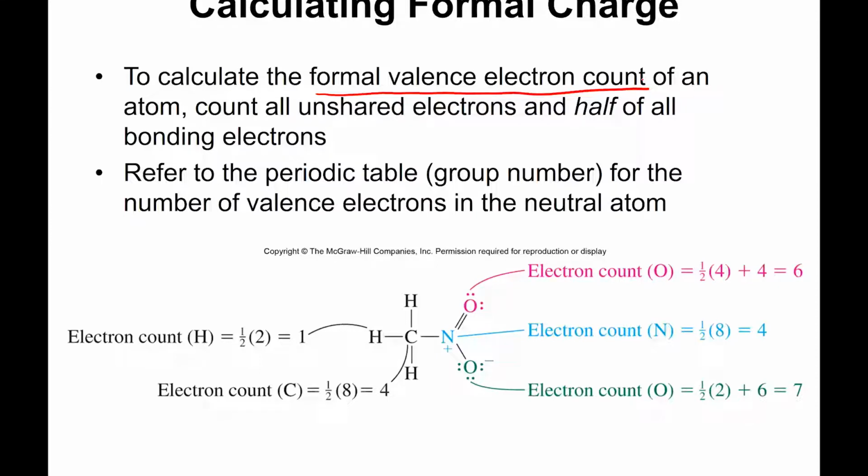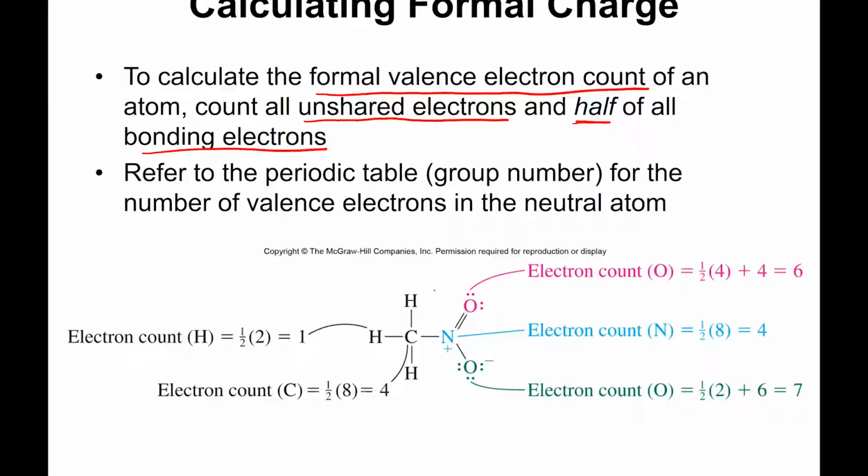So you should count all unshared electrons and half of bonding electrons. These, again, are just the electrons that we're going to be calling owned by that particular atom.